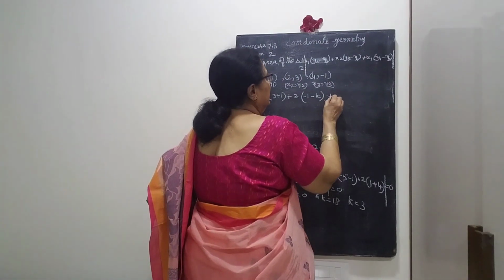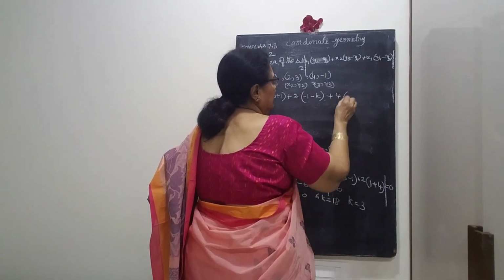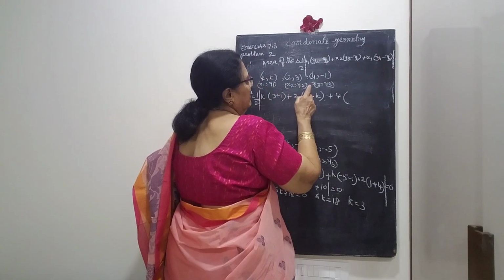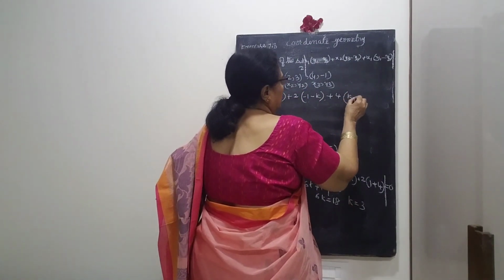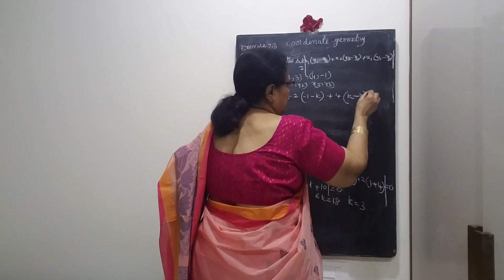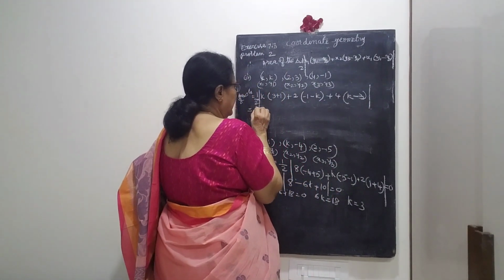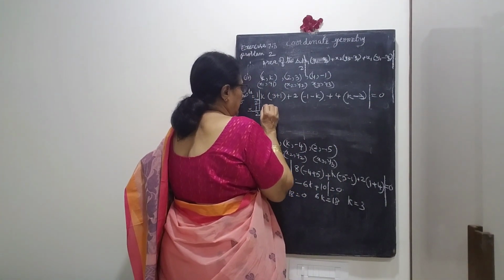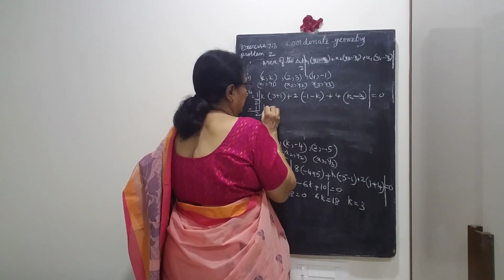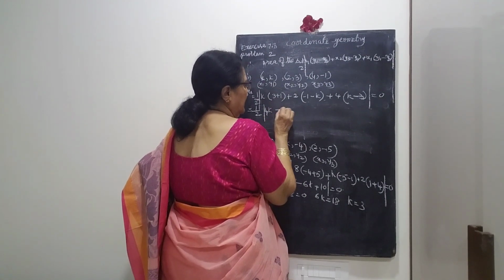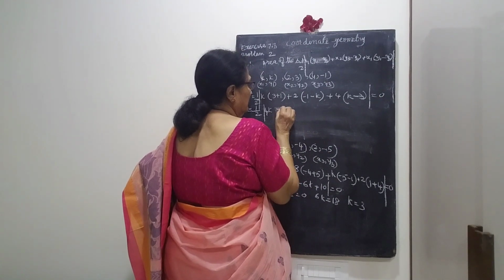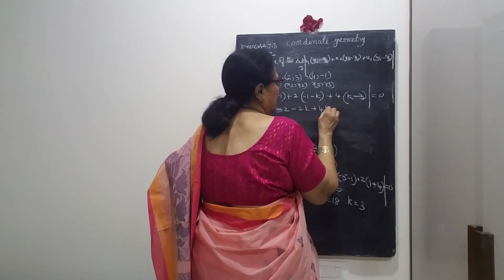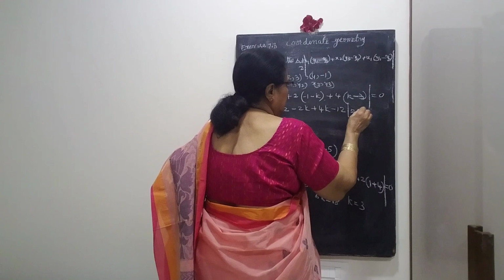Plus x3 is 4 into y1 minus y2, y1 minus y2 is, y1 is k, minus 3. That is half into, this is equal to 0. Half into k times 4, 4k, plus minus 2 minus 2k, plus 4k minus 12 is equal to 0.